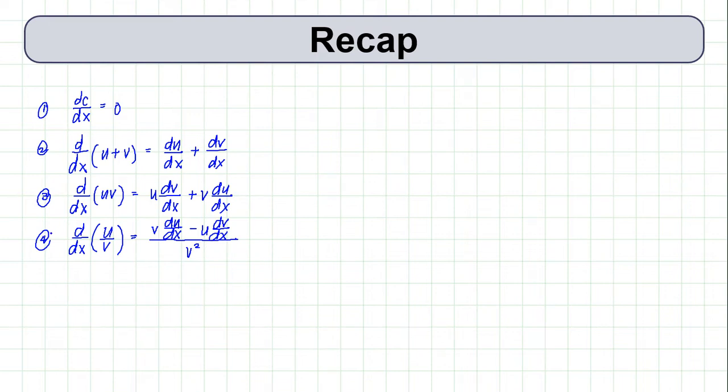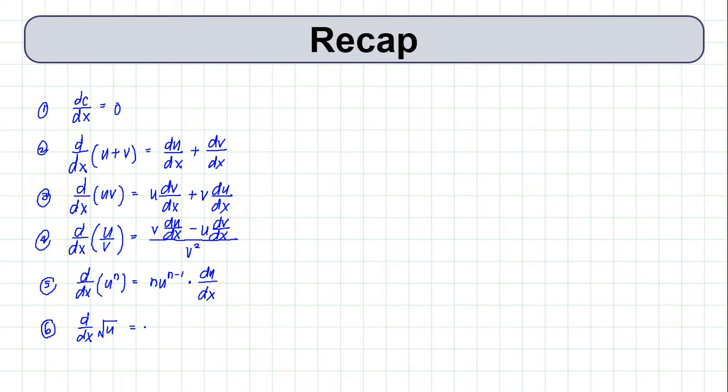So 1, 2, 3, 4, those are our basics. And fifth is our general power formula. The derivative with respect to x of a function u with a power: we bring down the power, subtract one from it, and multiply by the derivative of the whole u with respect to x. Number 6, we also take derivatives of radicals, or square roots. Let's say square root of u.